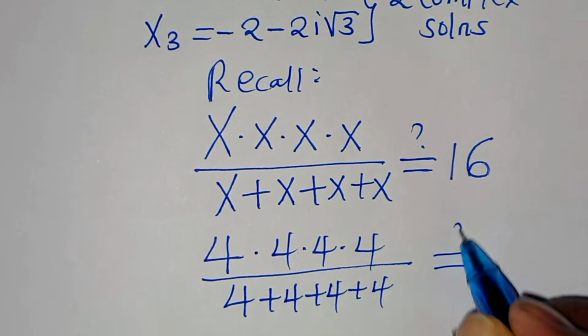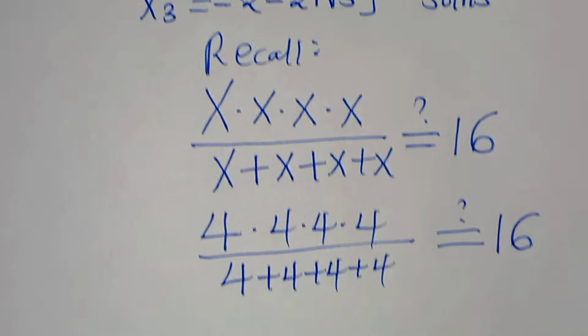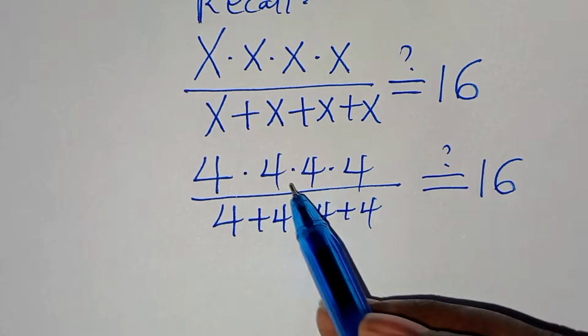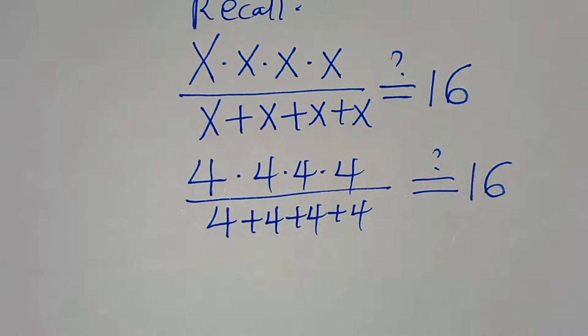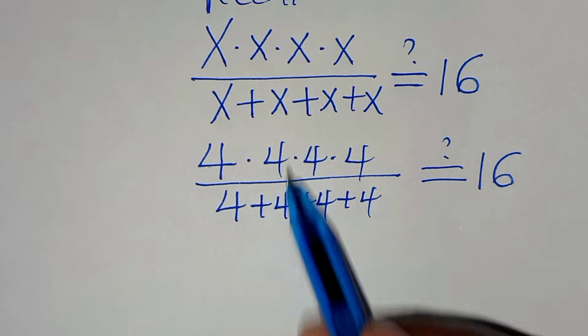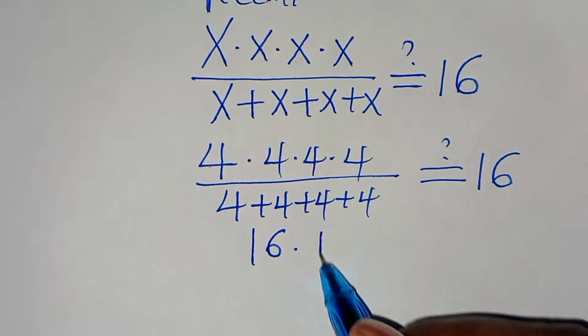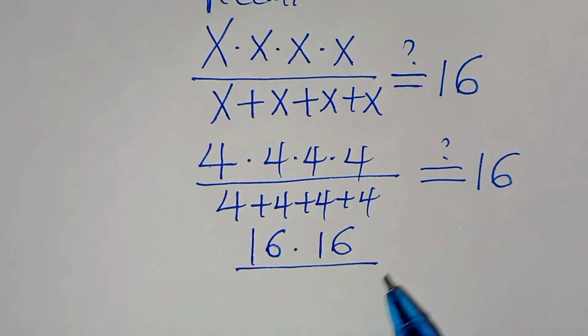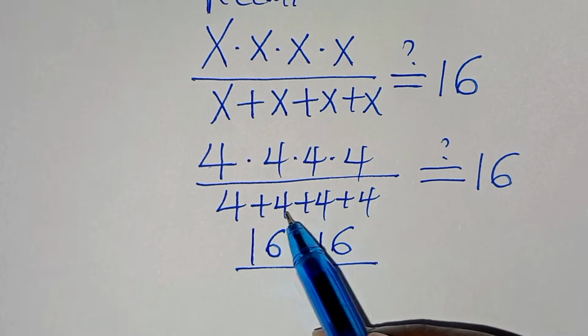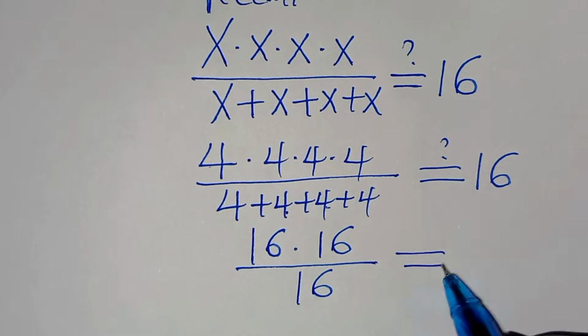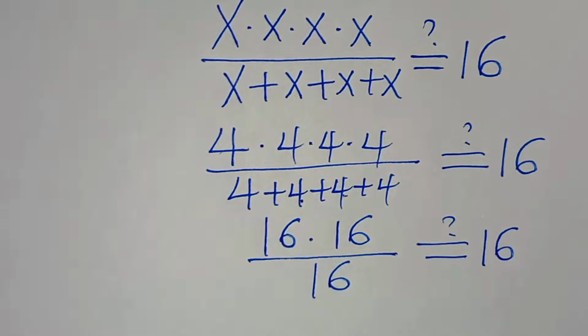This is supposed to give us a value of 16. 4 times 4 is 16, multiplied by 4 times 4, which is 16, divided by 4 plus 4, this is 8, 8 plus 4, 12, 12 plus 4, this is 16.